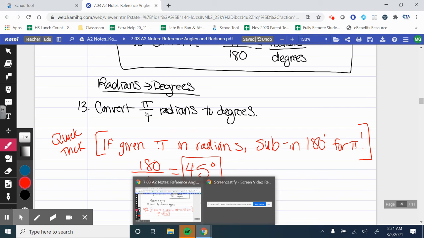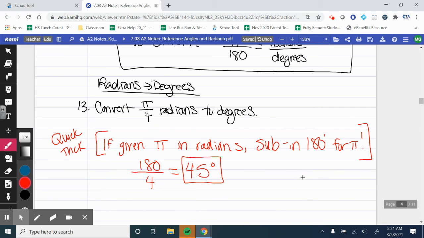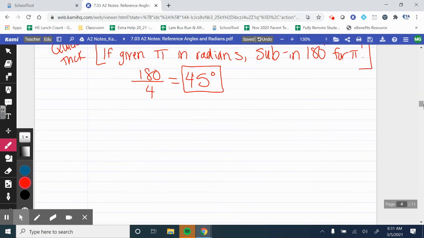Now, if you wanted to set up a proportion and do pi over 180 equals pi over 4 over x, that's fine too. It's just a little bit harder to do. This way is a little bit quicker. If you're ever stuck, I'll show you that way as well. If you forgot that you could sub in, you could always do pi over 180 equals pi over 4 over x, calling the degrees x, setting up our proportion.